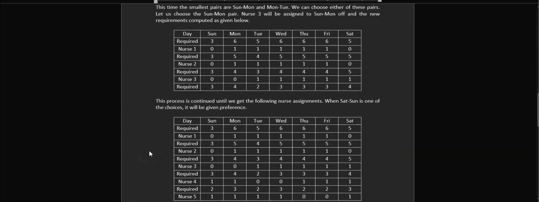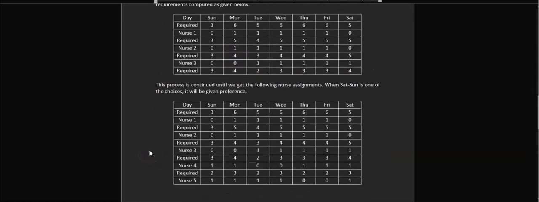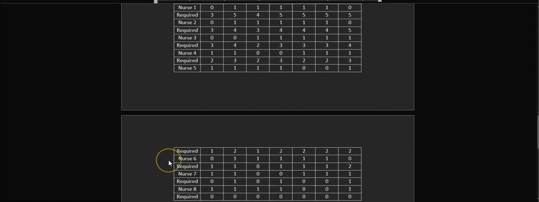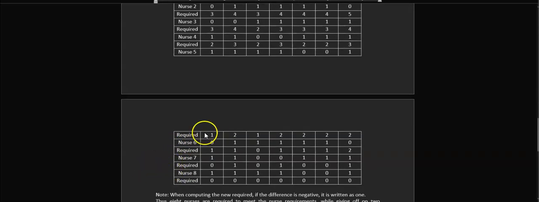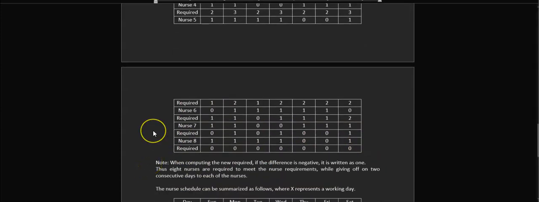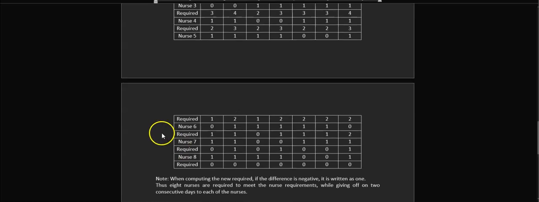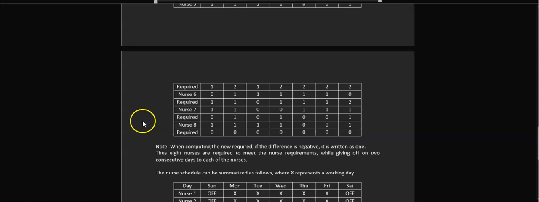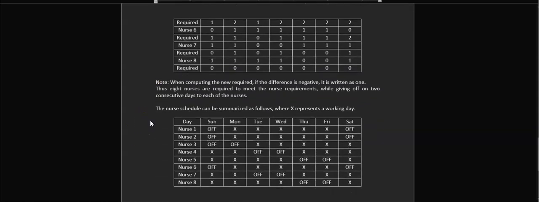So we keep on going down the line until nurse 5, and then nurse 6 and nurse 7, and by the time you get to nurse 8, you have 0 required. So you met the requirements for 2 days off per week consecutive with a maximum number of 8 nurses on the job to fill the demand that the data showed was needed.